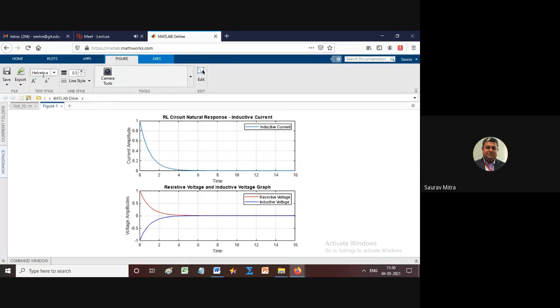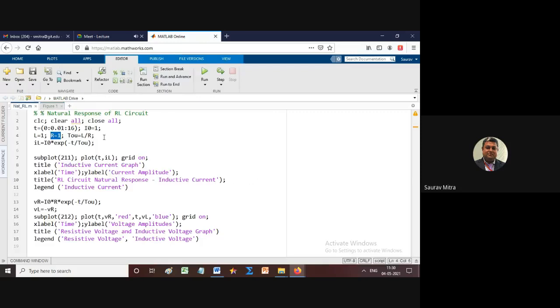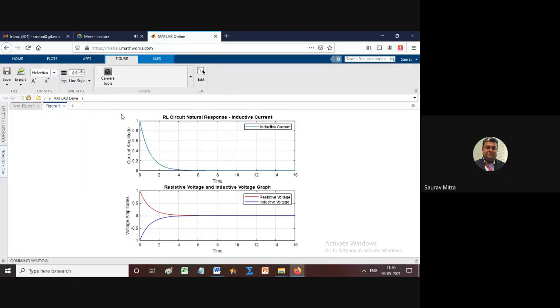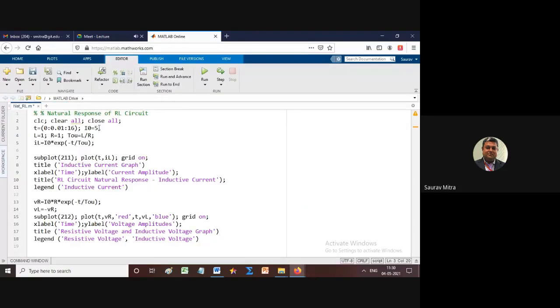Only what I'll show you is if I make the initial current I0 as 5, then see what happens. Previously it was 1. This graph was starting at 1 because I0 was equal to 1. Now I'll remove this graph first. Now I have made the initial current I0 as 5 ampere.